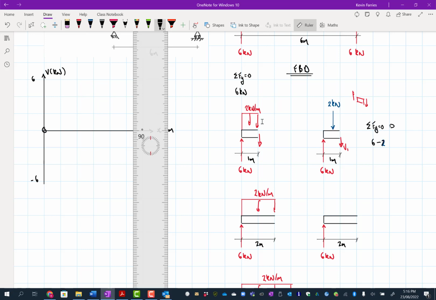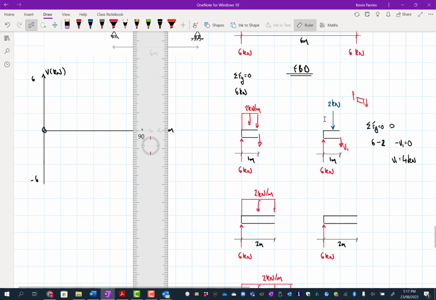And then this V1 is also downwards, so minus V1 equals 0. So therefore, 6 minus 2 minus V1, take the V1 to the other side. 6 minus 2 is 4, so V1 is going to be 4 kilonewtons. So the shear is 4 kilonewtons when we've come along 1 meter.